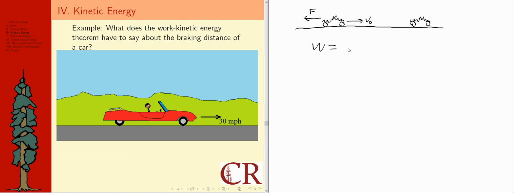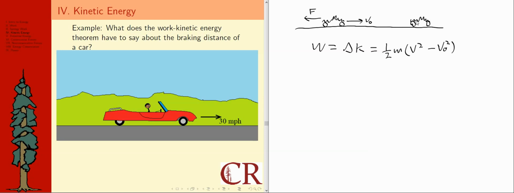The work kinetic energy theorem is work is equal to change in kinetic energy, which we've seen expressed as 1/2 m v final squared minus 1/2 m v initial squared. But in this case, since 1/2 m is a common factor, I'm just going to express that as v squared minus v naught squared, adopting the subscripts that I used more in kinematics.